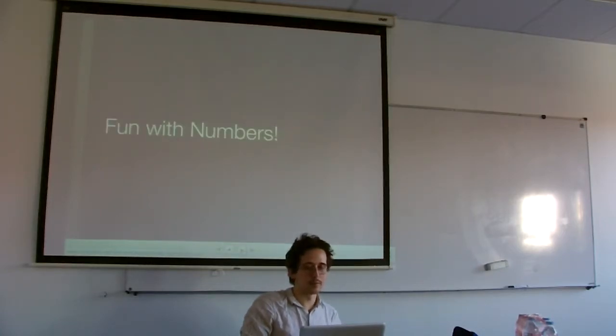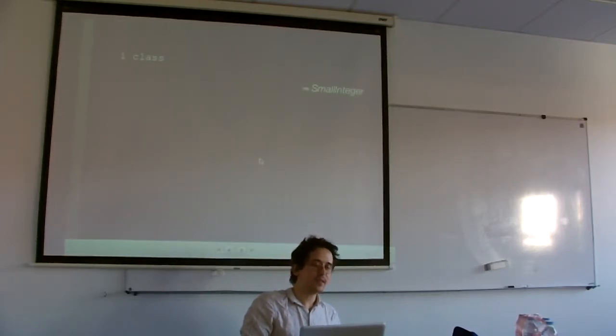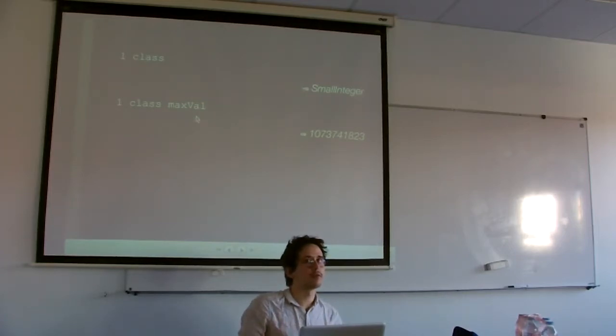So, fun with numbers. If I ask one's class, I get SmallInteger. If I ask this class what its max value is, SmallInteger can tell me. So typically you can implement the equivalent of the Java static method as a method of a class.